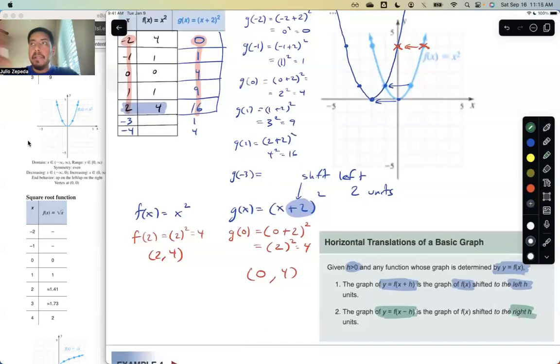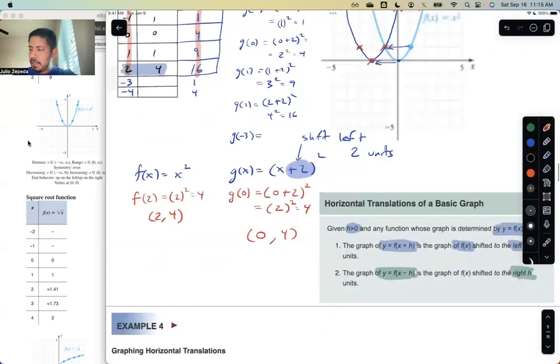So then we can graph a transformation of it. It has the same shape. Notice if you know that the vertex is going to be 2 units to the left, then I just go over 1, up 1, over 2, up 4, left 1, up 1, and left 2, up 4, and I have a basic graph for g of x very quickly.